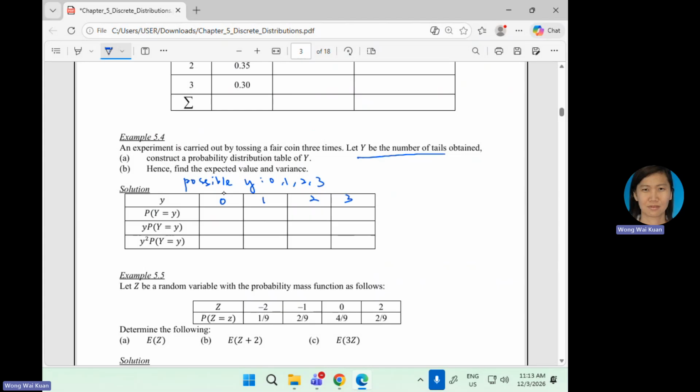All 3 are heads. Because they are fair, you have half.